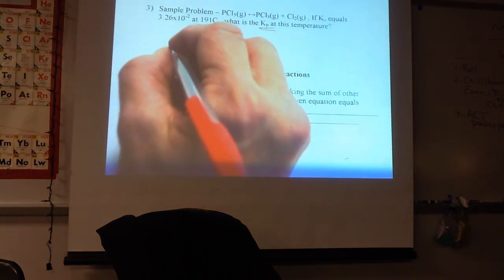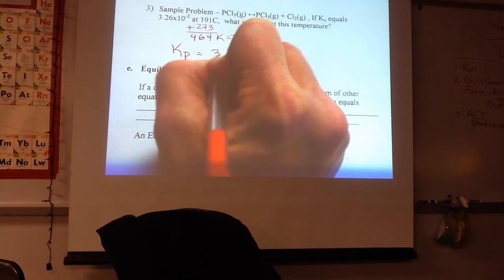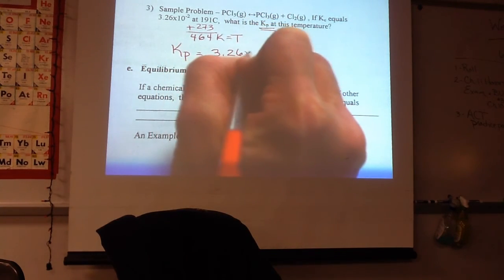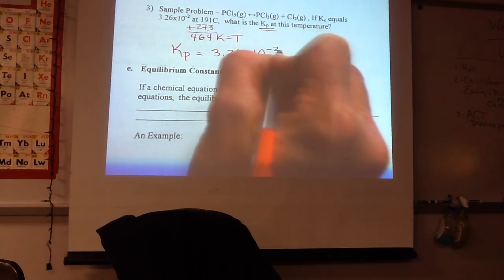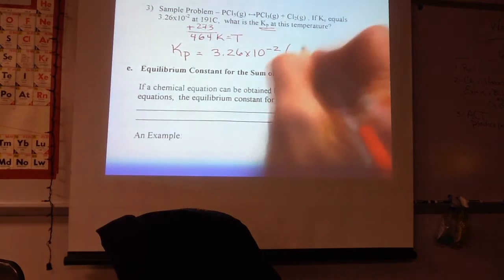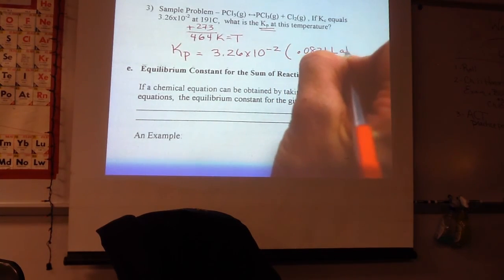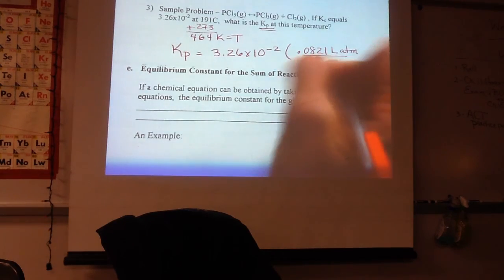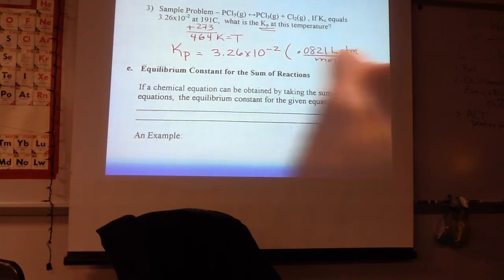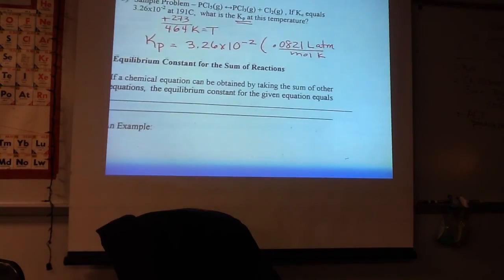So nonetheless, I'm going to just do a little bit of plugging and chugging. So I have a Kc. Again, Kp is also unitless. So I have 3.26 times 10 to the minus second multiplied by 0.0821 liter atmospheres over moles Kelvin, which you really don't need the units because of the fact that Kp is unitless.